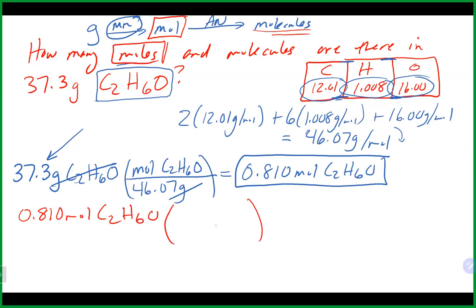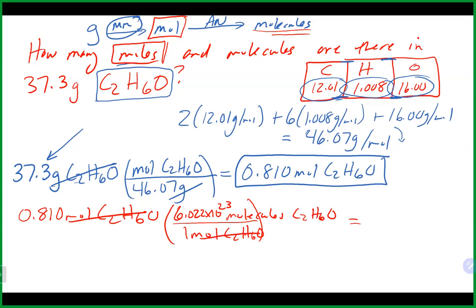And remember that in this case, 1 mole of anything, in this case of C2H6O, will equal Avogadro's number, which should go up on top, as those are molecules of C2H6O. And that is going to get rid of our moles. And we will end up with, I'll use the rounded number here, 6.022. Make sure you hit your exponent button and 23.